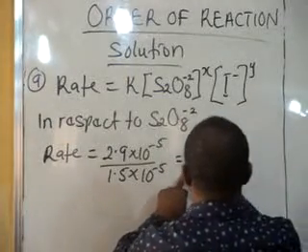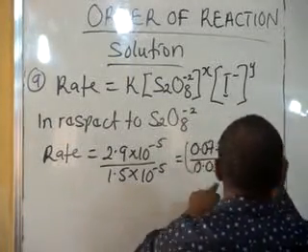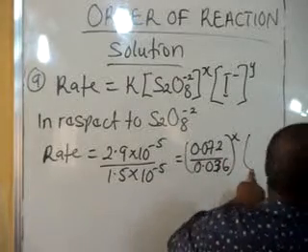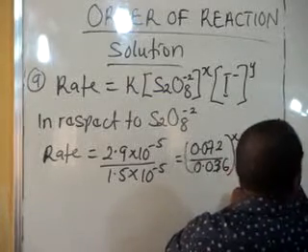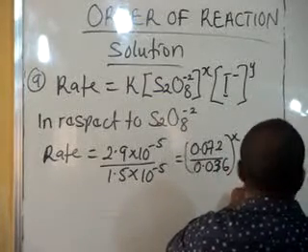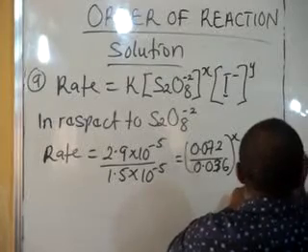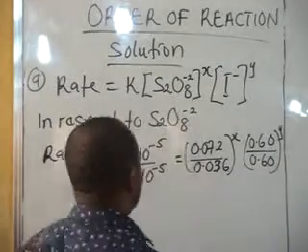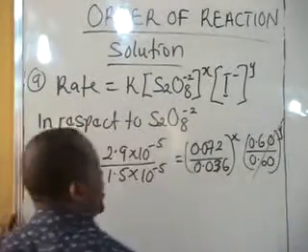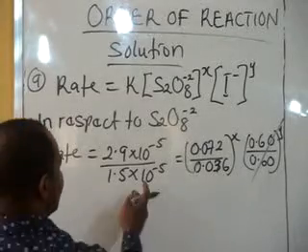That is for X. And then for Y, I have 0.60 over 0.60. That is my Y. So this will cancel out, then I'll be left with this.